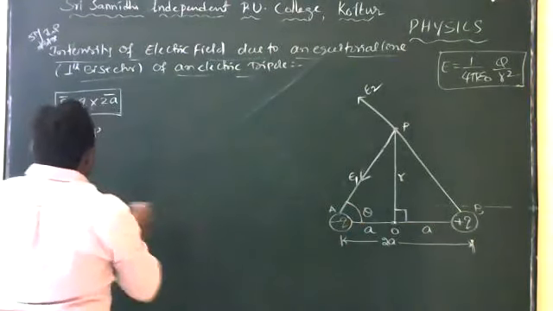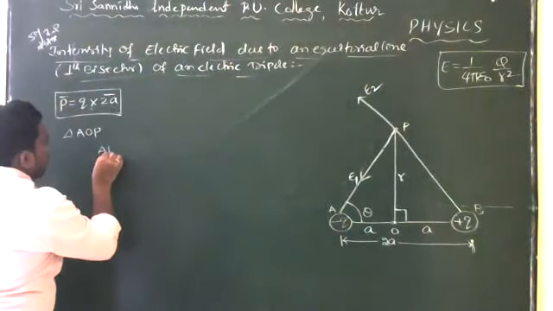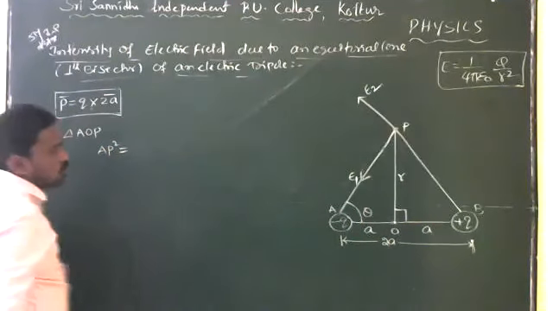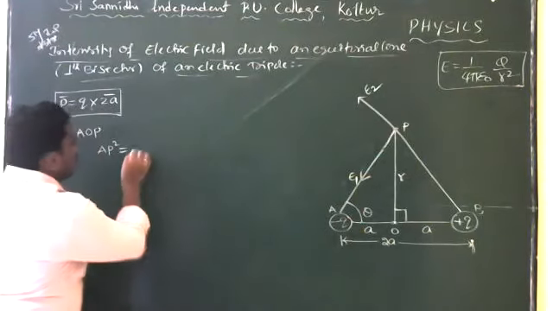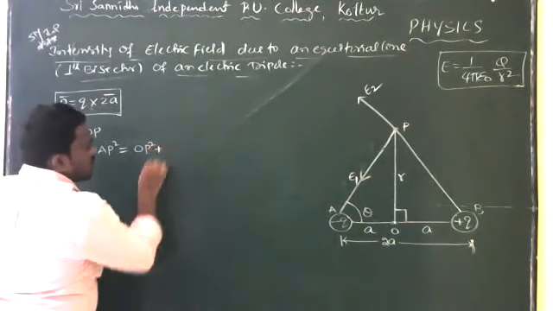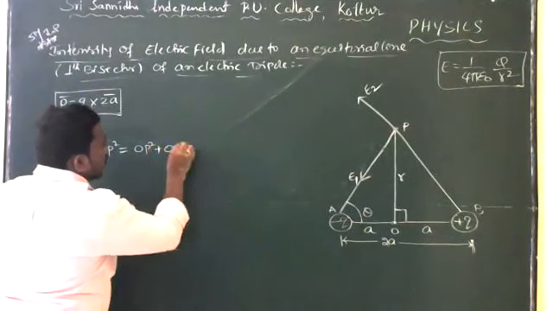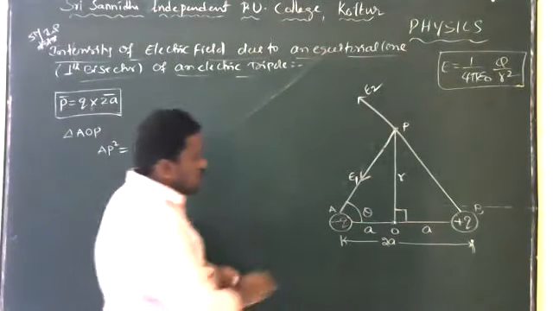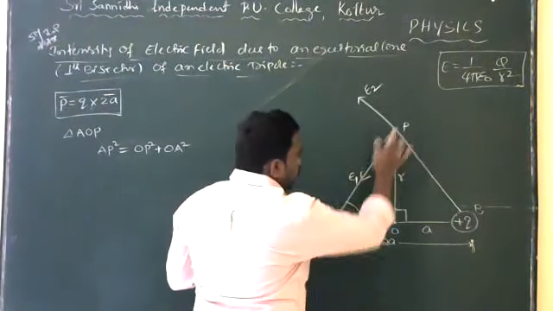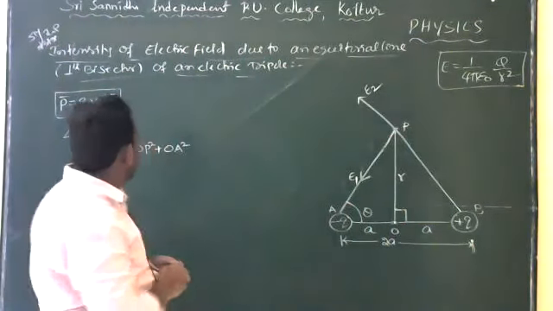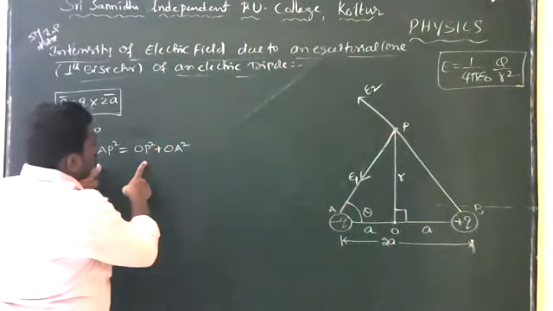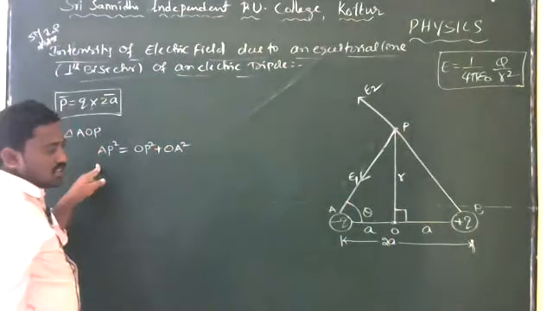So AP square is equal to OP square plus OA square. Understand this first: in this right angle triangle, by the Pythagoras theorem, hypotenuse square is equal to opposite square plus adjacent square.